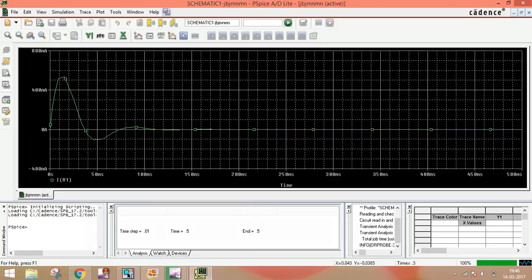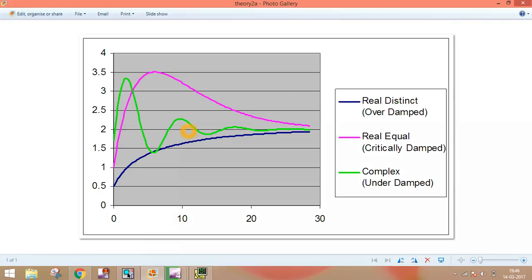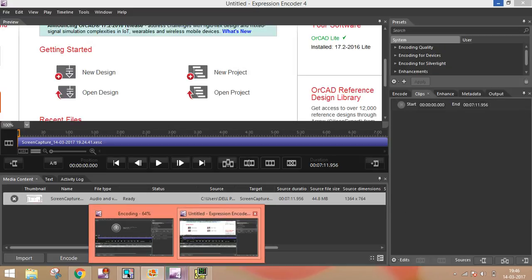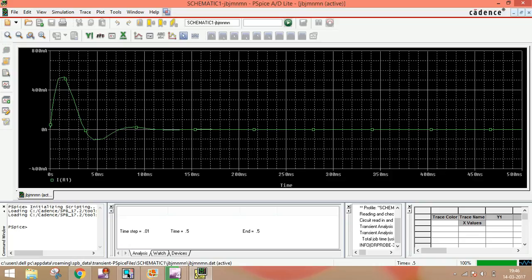Here you can see this graph will come. You can see this matches with this, so this is the condition of underdamped. This graph does not match the ideal case drawn in theory, because we chose the value ourselves, but nearly you can say that we get the condition of that.